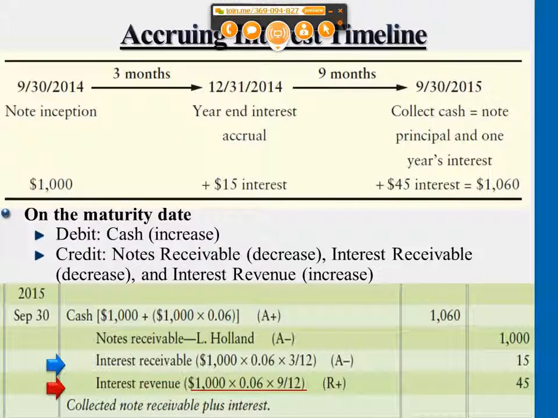Altogether, the total interest amount is $60, but because this note crosses into 2 accounting periods, we recognize $15 as interest revenue in 2014, $45 interest revenue in 2015. But both amounts will be collected plus the principal amount together in 2015 when the note matures. Basically when it reaches the due date of the note.